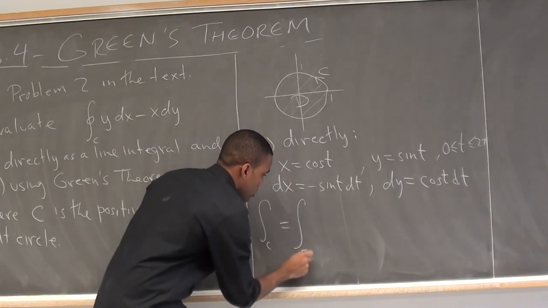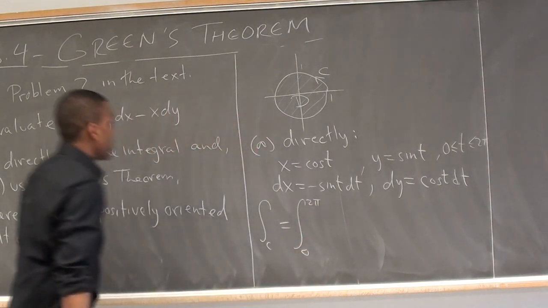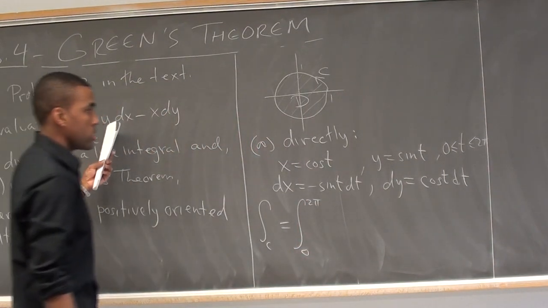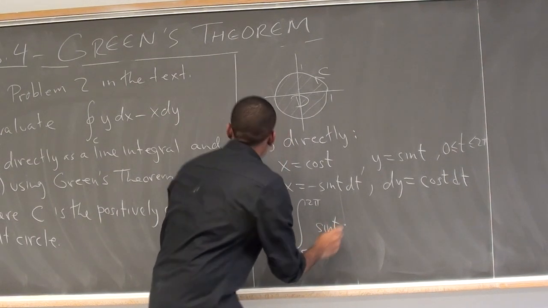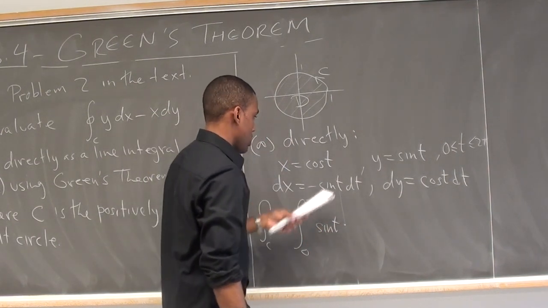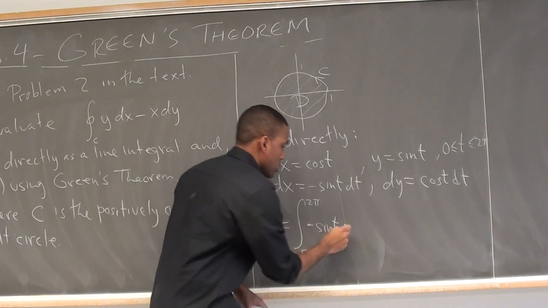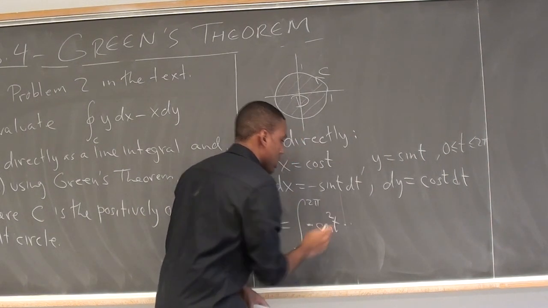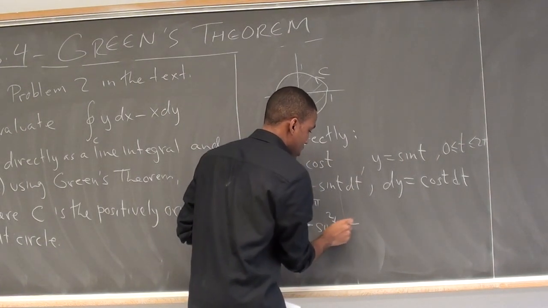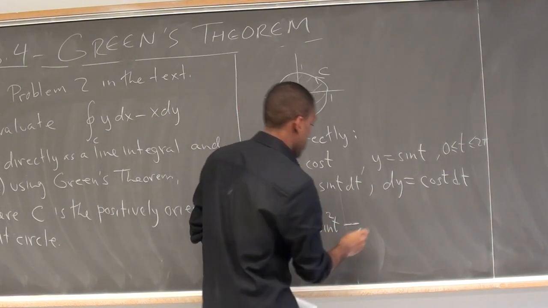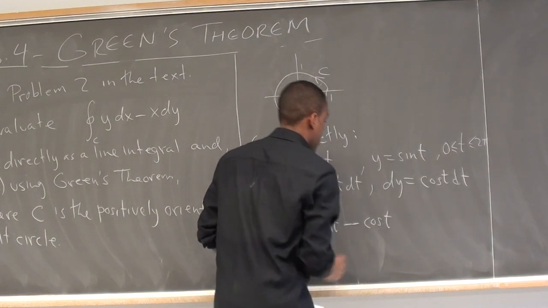So it's 0 to 2 pi times the y, which is sine t, times dx, which is minus sine t, which is just minus sine squared, minus the x, which is cosine t.